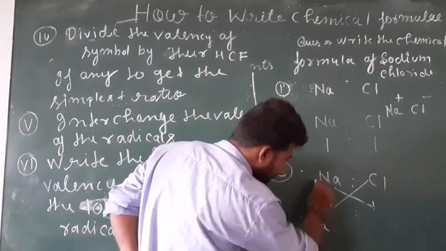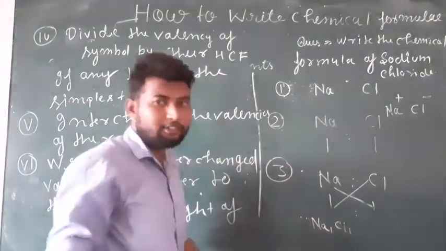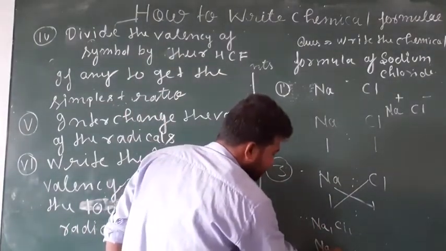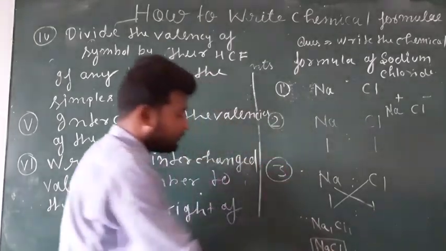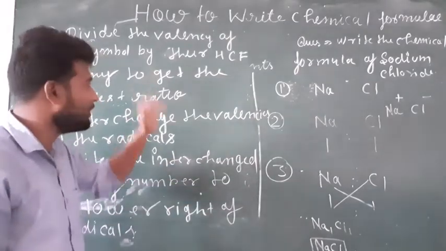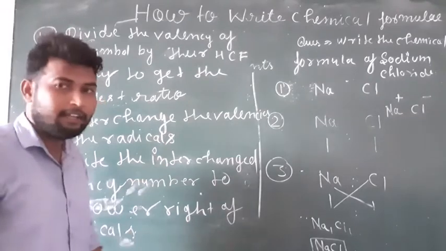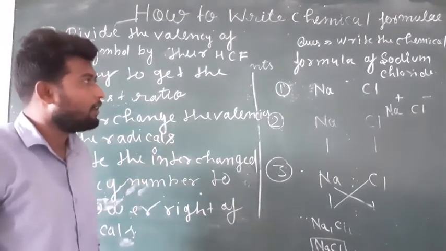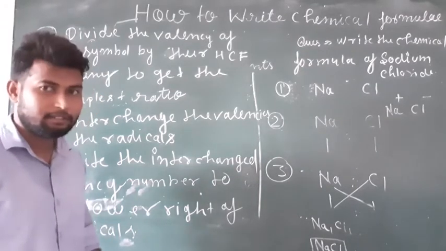Right lower of radicals means here and here. So you select suitable digits and convert it into simple form. When you get the simplest form, then it is the correct chemical formula of NaCl. When you convert it to simplest form with the help of suitable digits, meaning you apply rule number 4, you will get NaCl in the correct form, which is the chemical formula of sodium chloride. So the chemical formula of sodium chloride is NaCl.